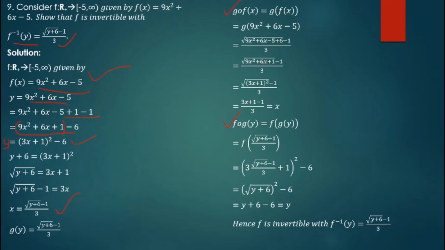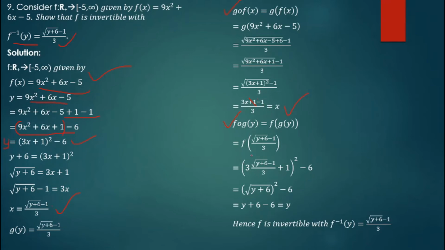We know that 9x square plus 6x plus 1 is 3x plus 1 the whole square. So under root we get 3x plus 1 the whole square, then minus 1 by 3. When you take the square root, it goes and we get 3x plus 1 minus 1 by 3, plus 1 minus 1 is 0, and 3x by 3 is x. We got gof as ix.